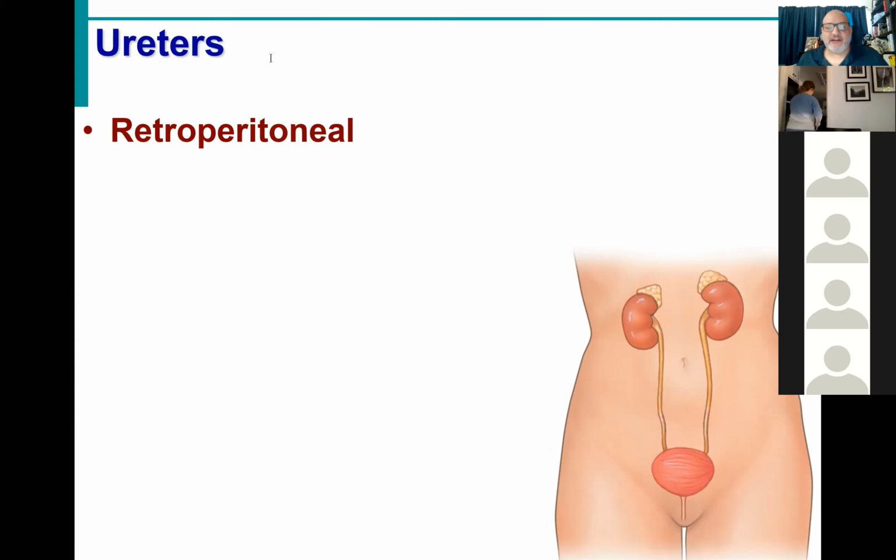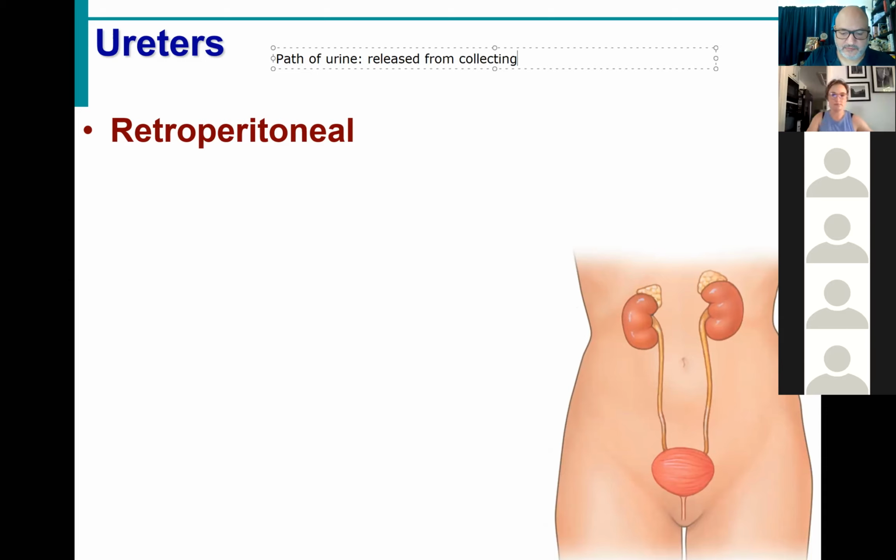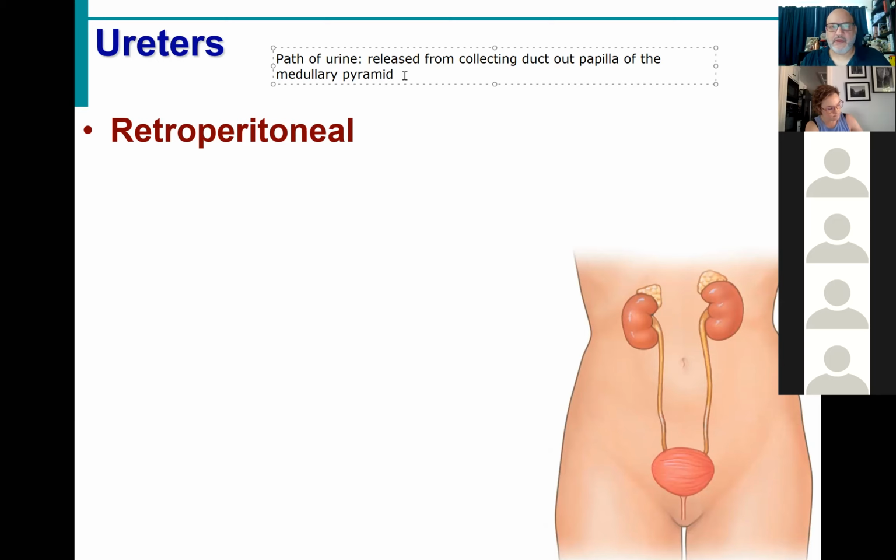And remember, if we're thinking of this in terms of the path of urine, we know that as it is released from the collecting duct, out the papillae of the medullary pyramid, it goes into the minor calyx.